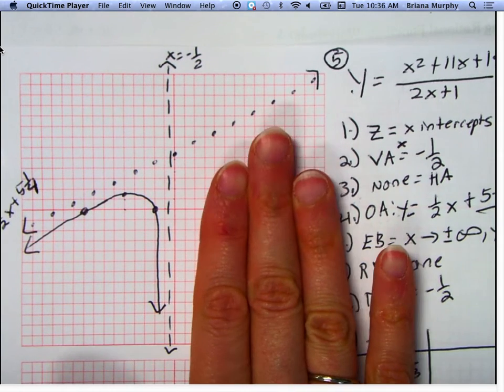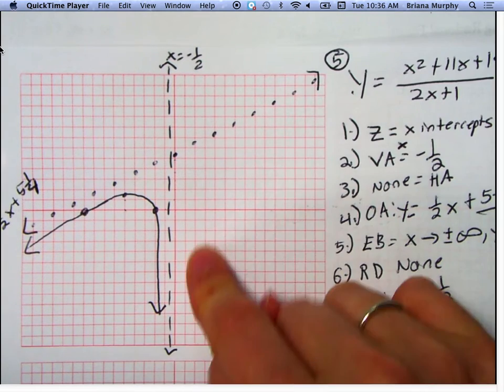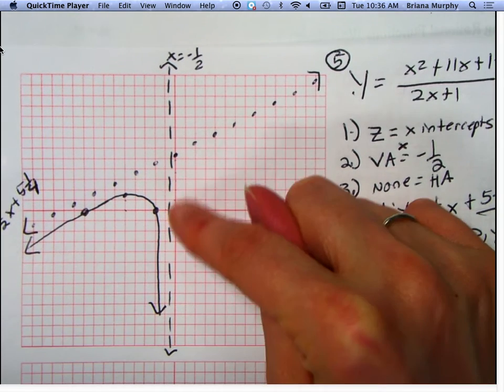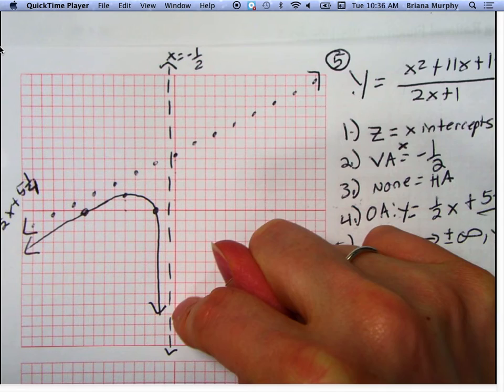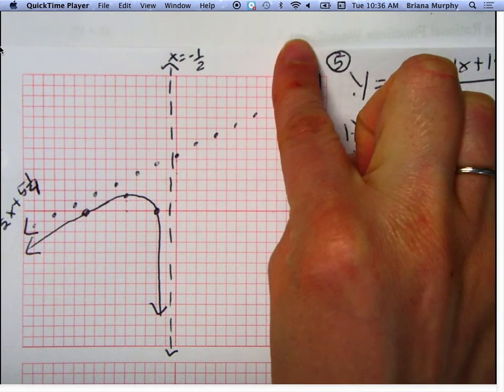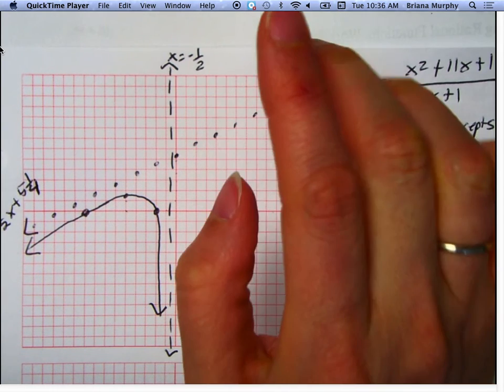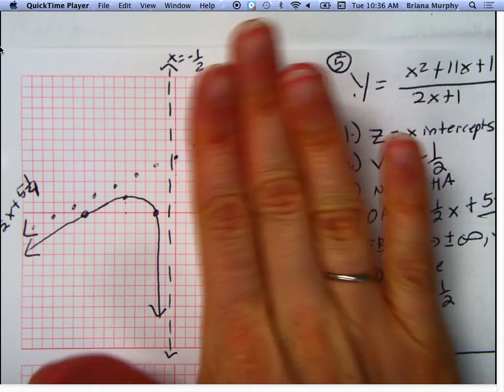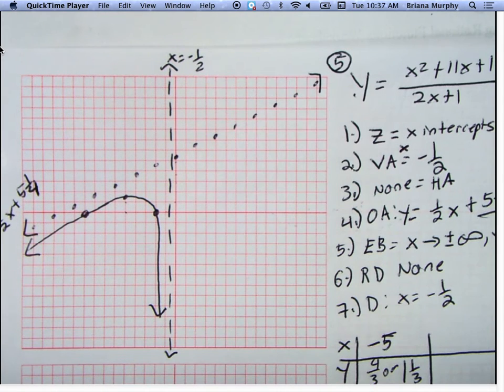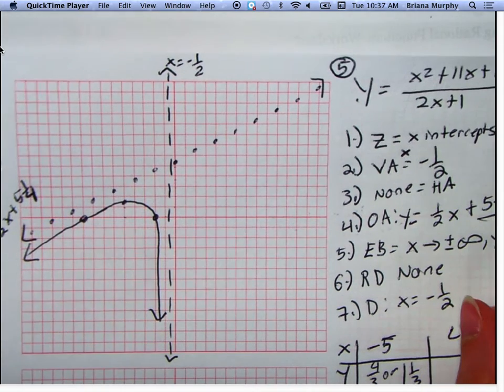So I'm going to have to plug in a positive number, because my graph could go along my asymptote right here, or it could go along my asymptotes up here. Correct? So let's pick a point that's on the positive side. What point would you like to choose? 4? 4 sounds good. Okay.